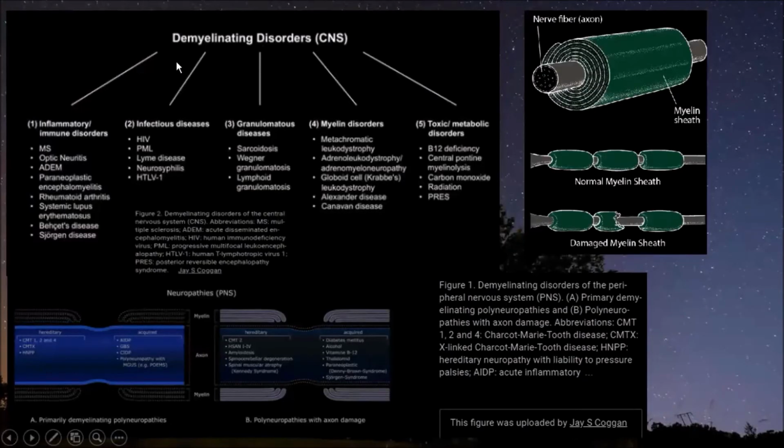And here's a whole list of demyelinating disorders and causes, from inflammation in your autoimmune system going after your own cells, versus infectious disease, some external, other types of diseases, other disorders, toxic, taking in toxins. Alcohol should be in here, over here probably.